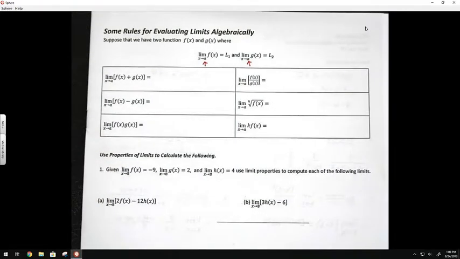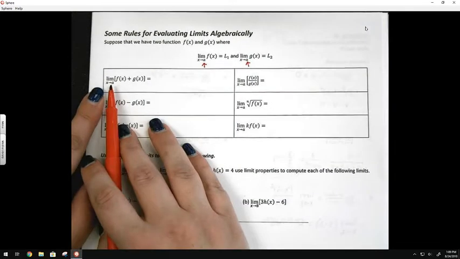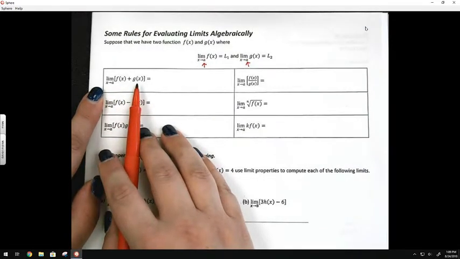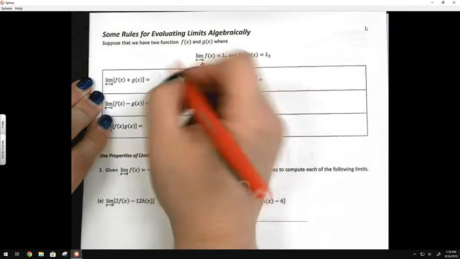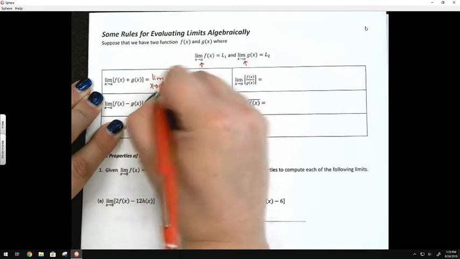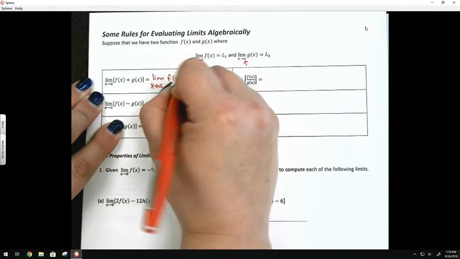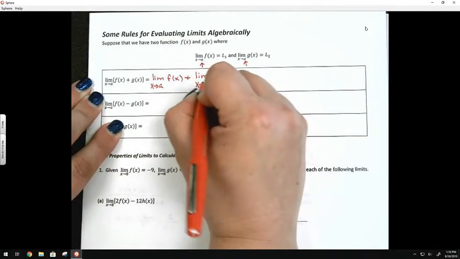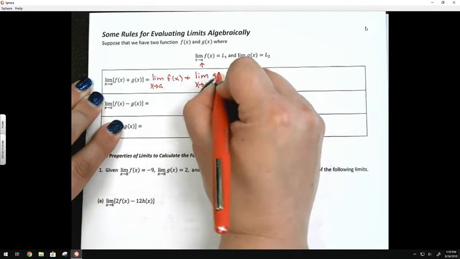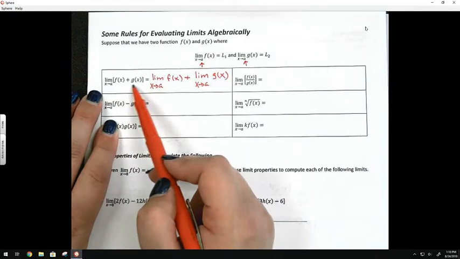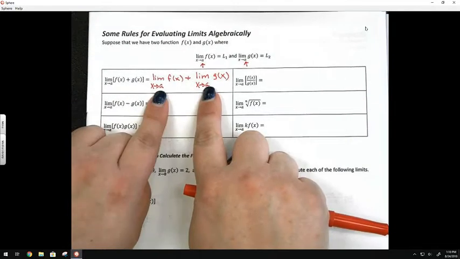But what that means is if I take the limit as x approaches a of f of x plus g of x, then I can actually just break those up. And I can make it the limit as x approaches a of f of x plus the limit as x approaches a of g of x. So really, I'm taking the limit of the sum, which means I can just take the sum of the limits.